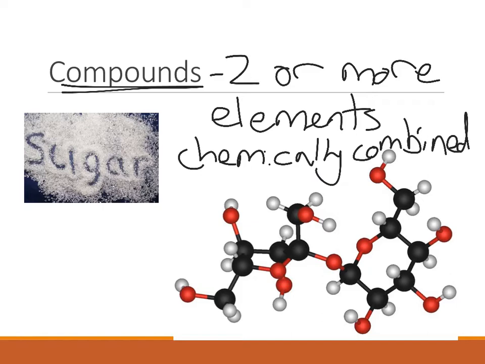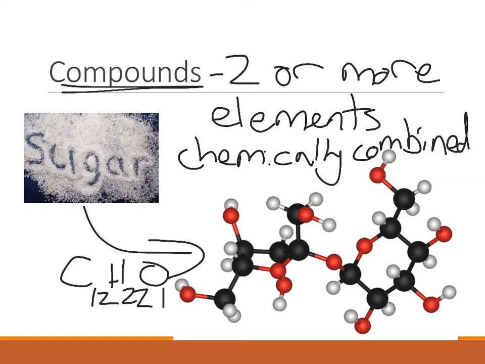So, for example, here we have sugar. Here is a big sugar molecule, and sugar is carbon, hydrogen, and oxygen all together. That is what makes up the sugar that we eat. So that is a compound. Water would be another example of a compound, as would carbon dioxide.